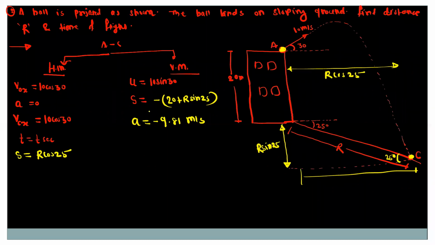Okay, so use the equation for vertical motion. So time will be the same, equal to t seconds. So if you use the equation S is equal to ut plus half at square for the vertical motion, then S is minus 20 plus R sin 25.